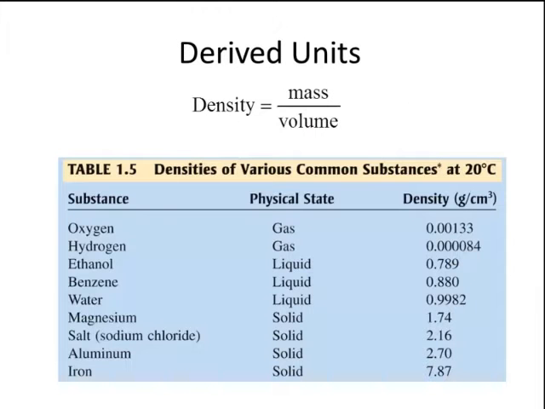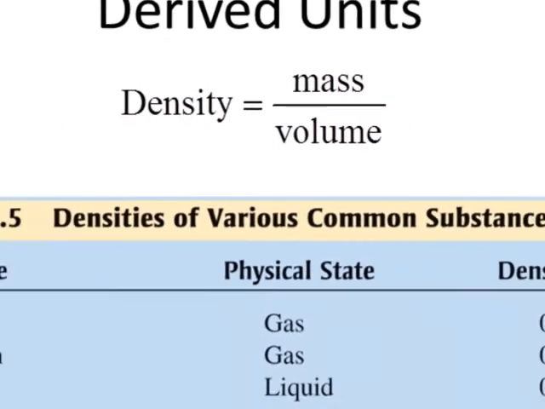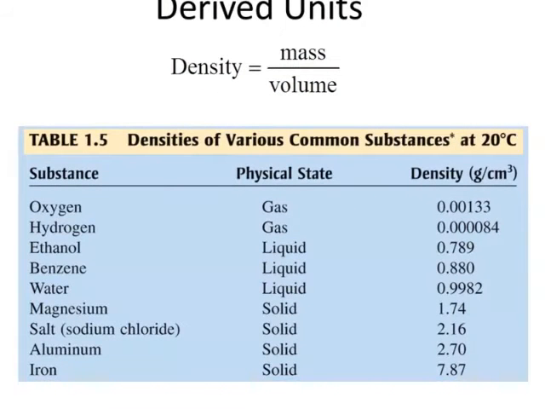Now, another derived unit is something called density. If we take the mass of a material divided by its volume, we get its density. Now, different materials are going to have different densities, which can help us explain certain properties. So if we look at, for example, the density of oxygen, it's 0.00133 grams per centimeters cubed.